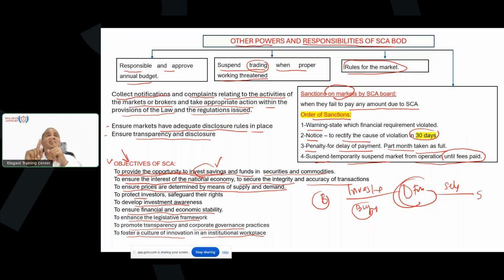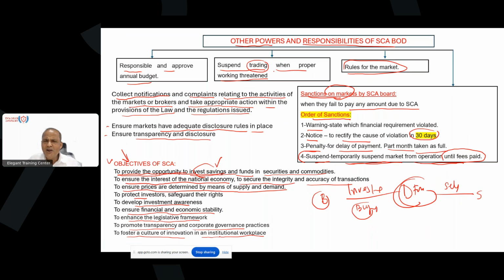See, one is suspending trading and one is suspending the market. Suspending the market comes under sanctions. Please understand, sanctions on the market, the suspension of the market license, can temporarily suspend the market from operations also.